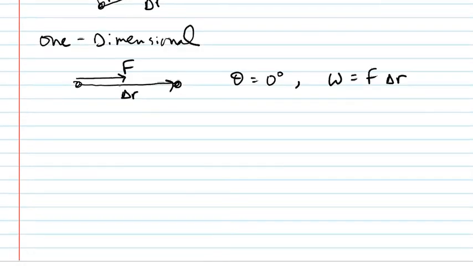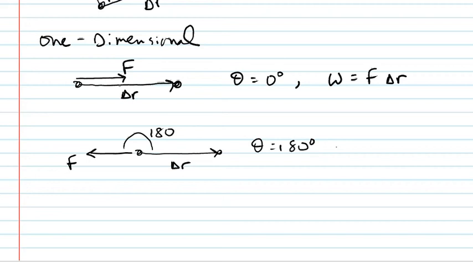And in the case where the displacement is one direction and the force is anti-parallel to that, now we're going to have an angle of 180 degrees. So theta is 180, and the cosine of 180 is -1, and you can pull the negative out and write just the force times the displacement with the negative. So those are shortcuts in the one-dimensional case.